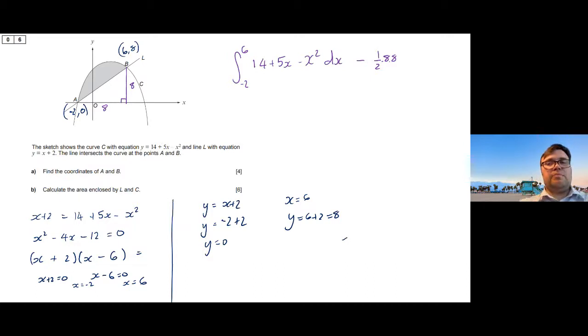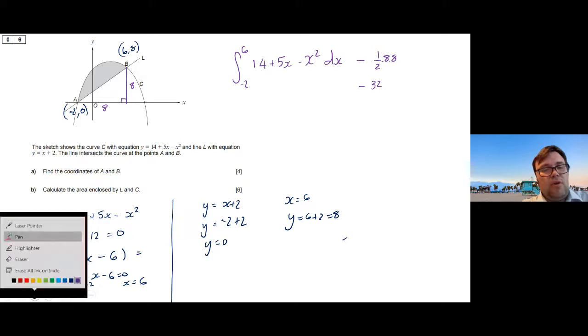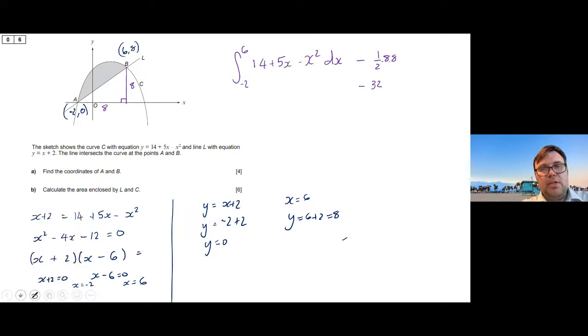So if we go on to the integration part, 8 times 8 is 64, half is 32, and I'll remember to put that in after. So if we go back to the black, I am integrating 14 plus 5x minus x squared between minus 2 and 6.